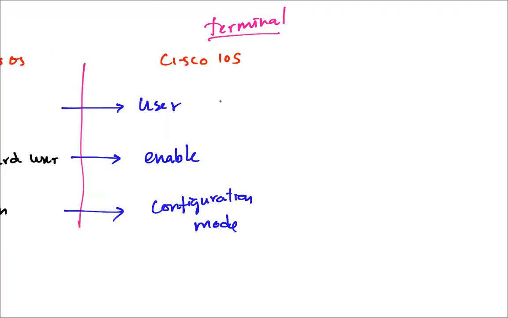The user mode is identified with the device name. If you have the router device, it will be the router name, and then if you have this greater than symbol, it means you are in the user mode. The same device name, router, and then if you have a hash, you understand that you're in the enable mode.